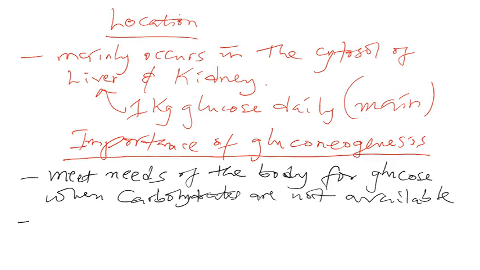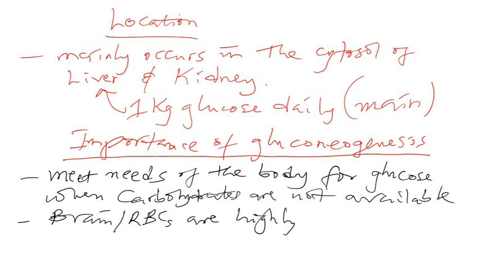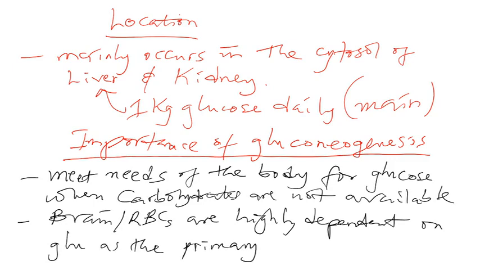A supply of glucose is necessary because the brain and also the red blood cells are highly dependent on glucose as the primary fuel.